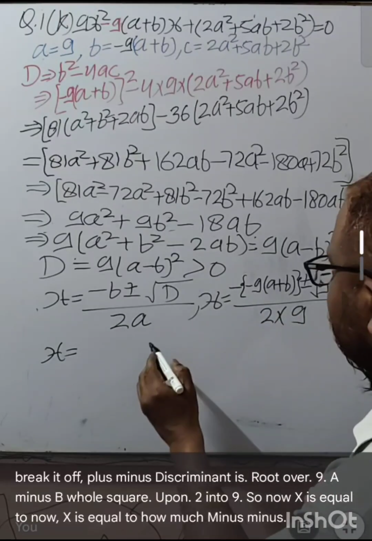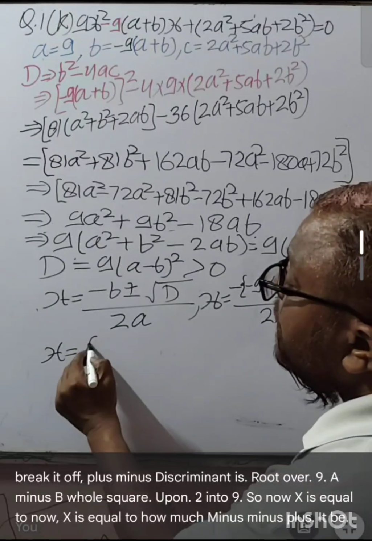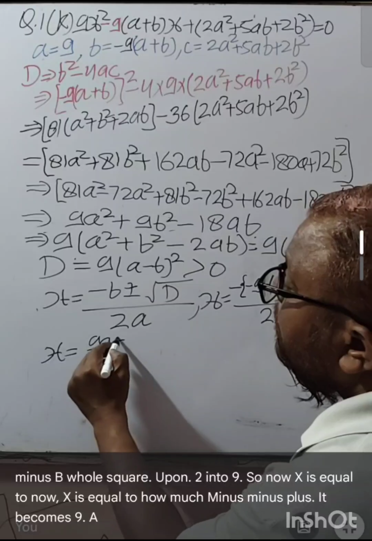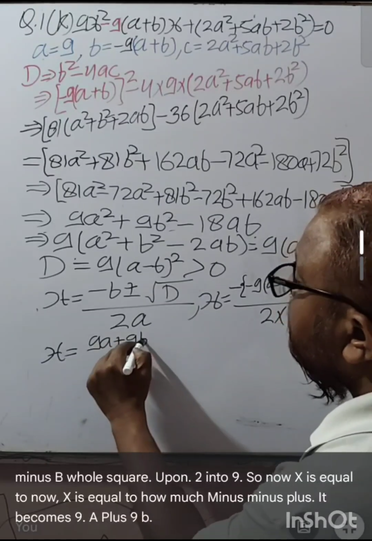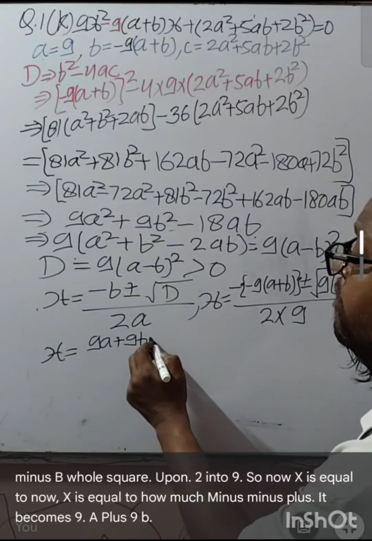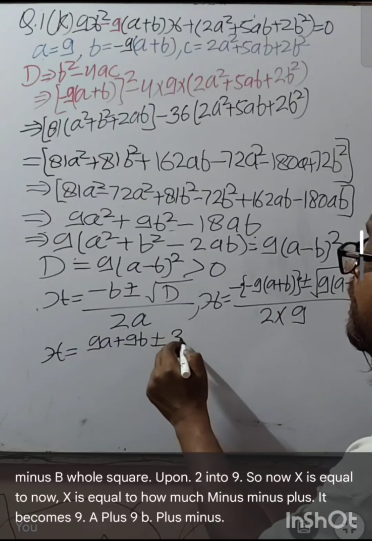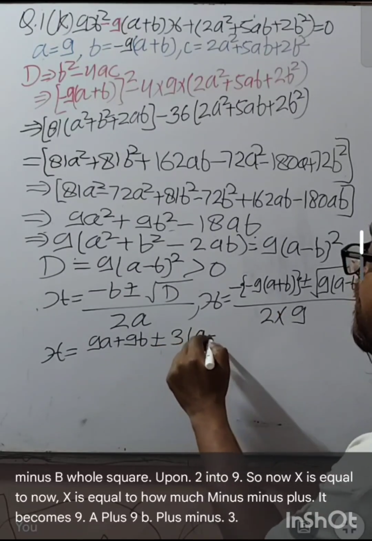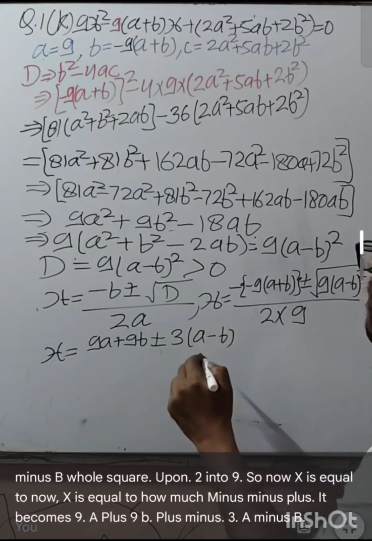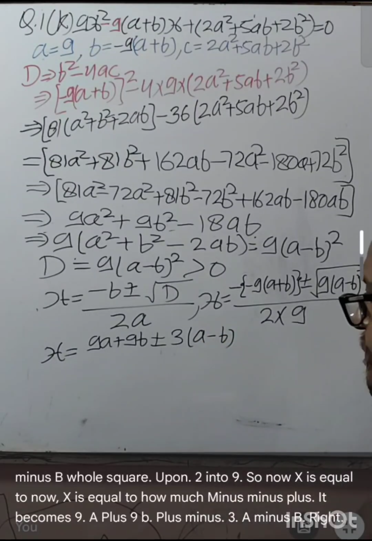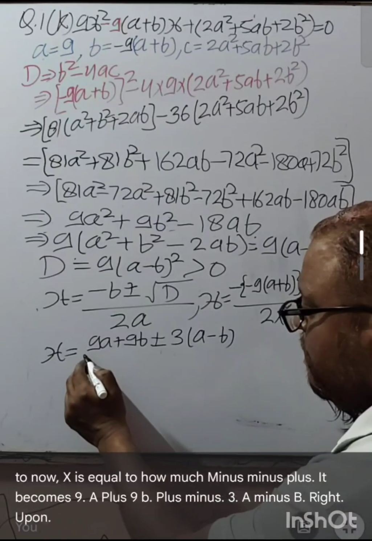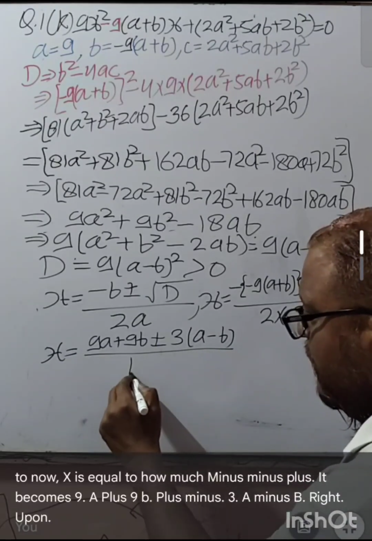Minus minus plus, it becomes 9a plus 9b plus minus 3(a minus b), right? Upon 18.